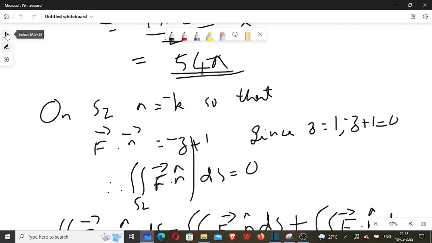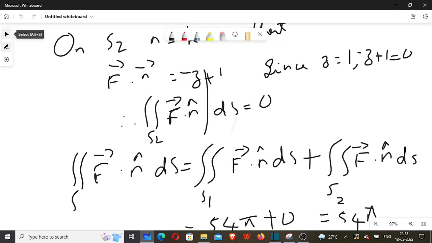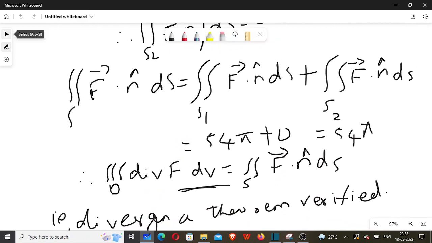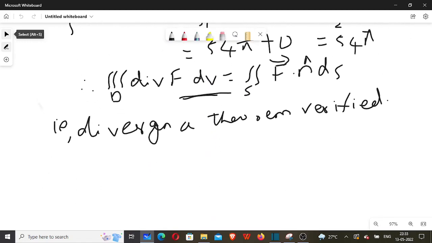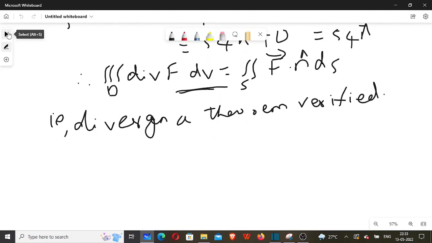Now double integral over s f dot n ds is equal to double integral over s1 f dot n ds plus double integral over s2 f dot n ds, which is equal to 54 pi plus 0, which is equal to 54 pi. Therefore triple integral over d of div f dv is equal to double integral over s f dot n ds, that is, the divergence theorem is verified for the problem.